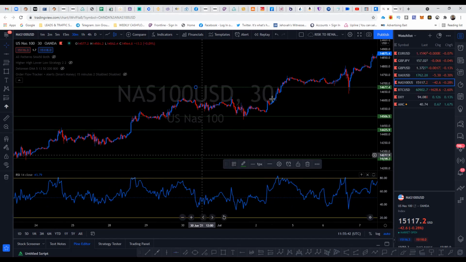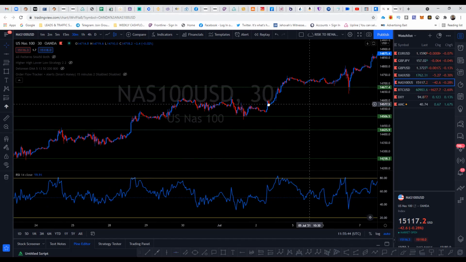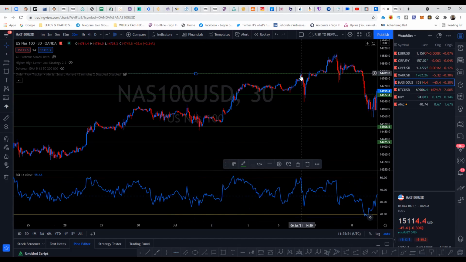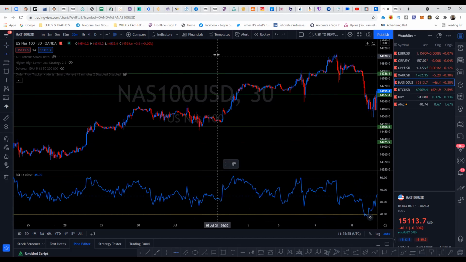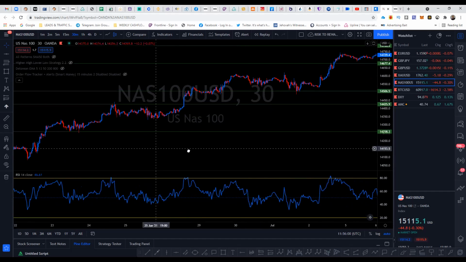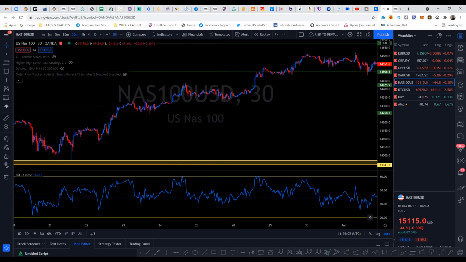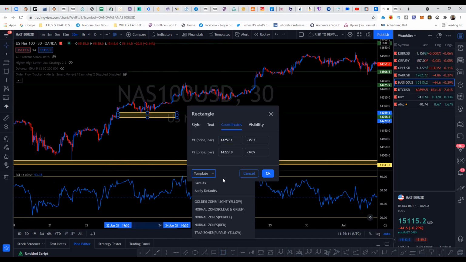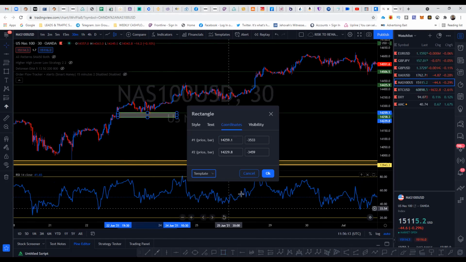See some here. Then ultimately, saw a little wick action here, respected here, and then up here. Now when it comes to the zones, I'm going to change the zone color to the clear and green.